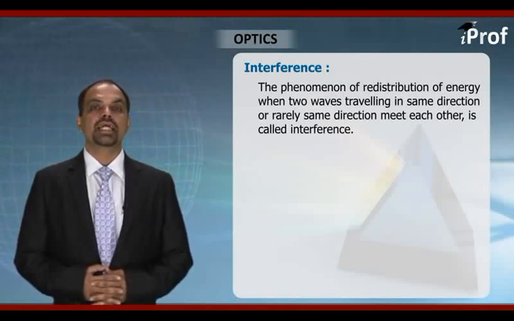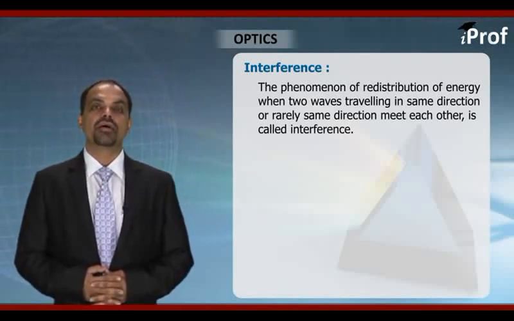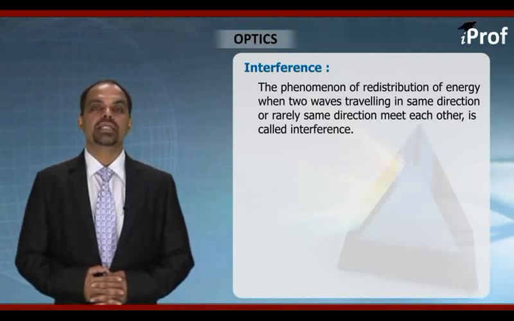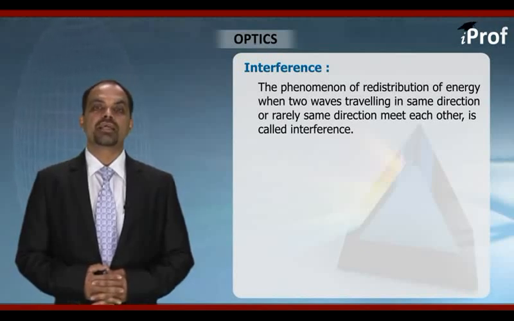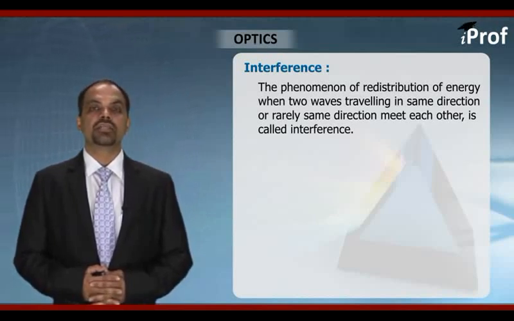We call it interference. I repeat, students, the phenomenon of redistribution of energy when two waves traveling in the same direction or nearly the same direction meet each other is known as interference. So basically, interference is a phenomenon of redistribution of energy in the region of superposition.